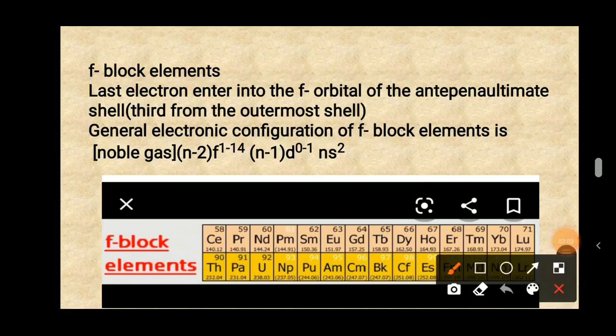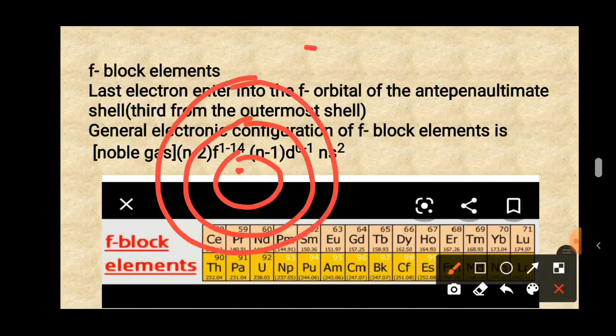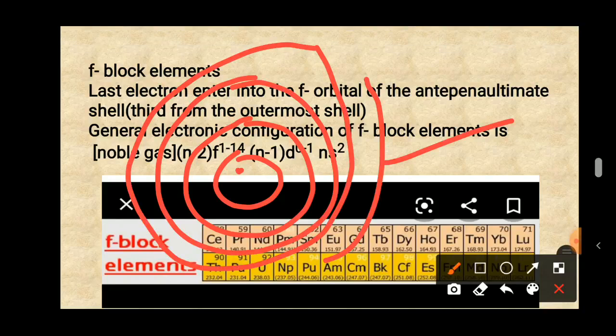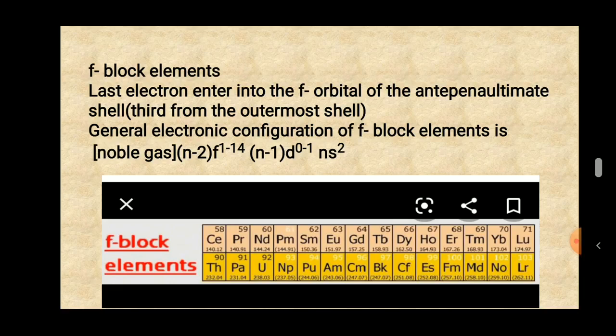If it is the fifth shell, this is the outermost shell, this is the penultimate shell, and this is the antepenultimate shell, third from the outermost shell. Anyway, you are going to study the details of f block elements in 12th class. The general electronic configuration of f block elements is written in the form (n minus 2)f1 to 14, (n minus 1)d0 to 1, ns2.